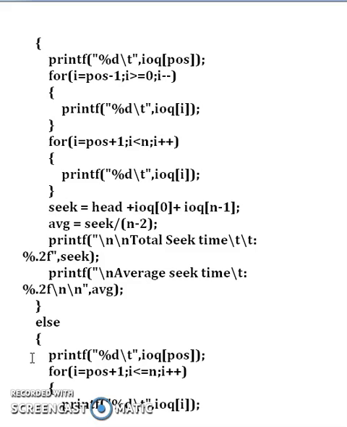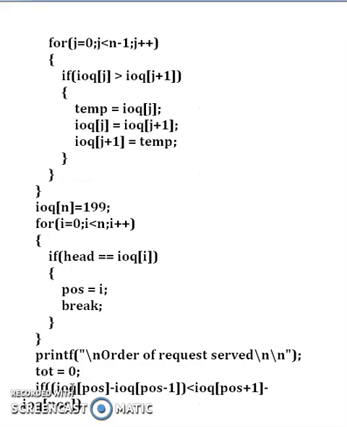After finding the head in the list, you need to check whether it needs to move to the decreasing order addresses or increasing addresses. So it will check for the least difference.